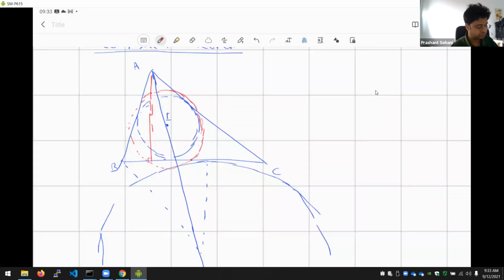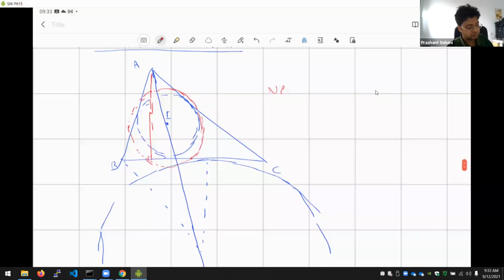And what the Feuerbach theorem says, which I have tried to denote in my rough diagram, is that the 9-point circle is tangent to the in-circle and the three ex-circles.